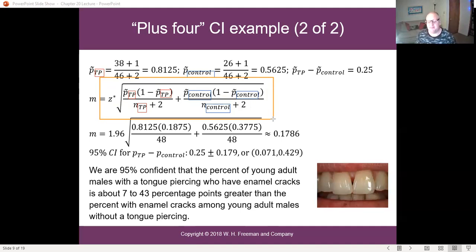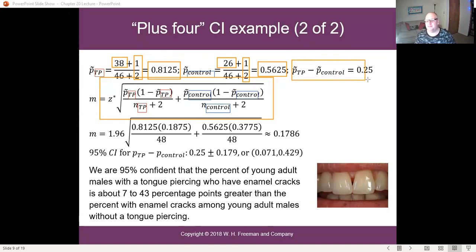And since it is a p tilde formula, we're going to include a sample size of plus 2 on the bottom for each situation. And then you just plug in all your numbers. These are the numbers that we talked about earlier, 38 out of 46, and then 26 out of 46. Notice that we've done the plus 4 method here and here. And now we have new p-hats. Here they are, but they're p-tildes though, because we did the plus 4 on them.